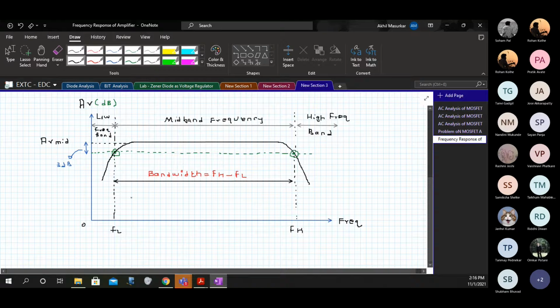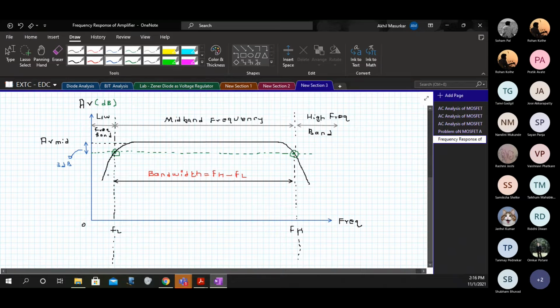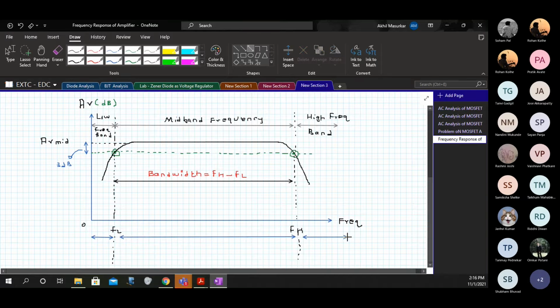Now why are this rise and this fall there at high frequency and low frequency? What is the reason? So let's see that. Why do we have a constant gain here, and why do we have a falling gain here?